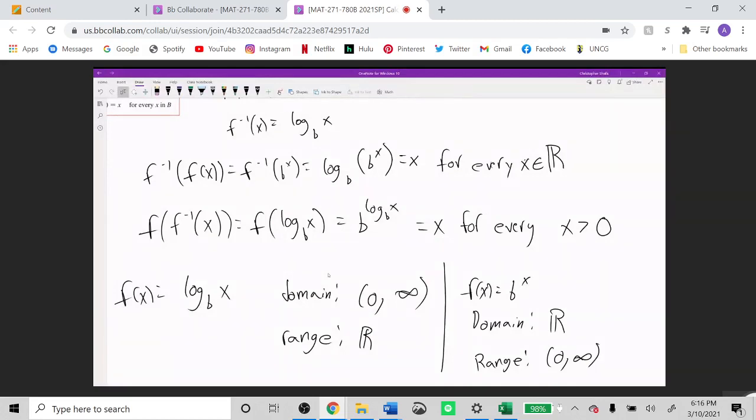Do we agree with this? And I obtain an inverse of a function by swapping its domain and range, right? So notice here that between my logarithm and my exponential function, my domain and my range are swapped, as they should be, right?